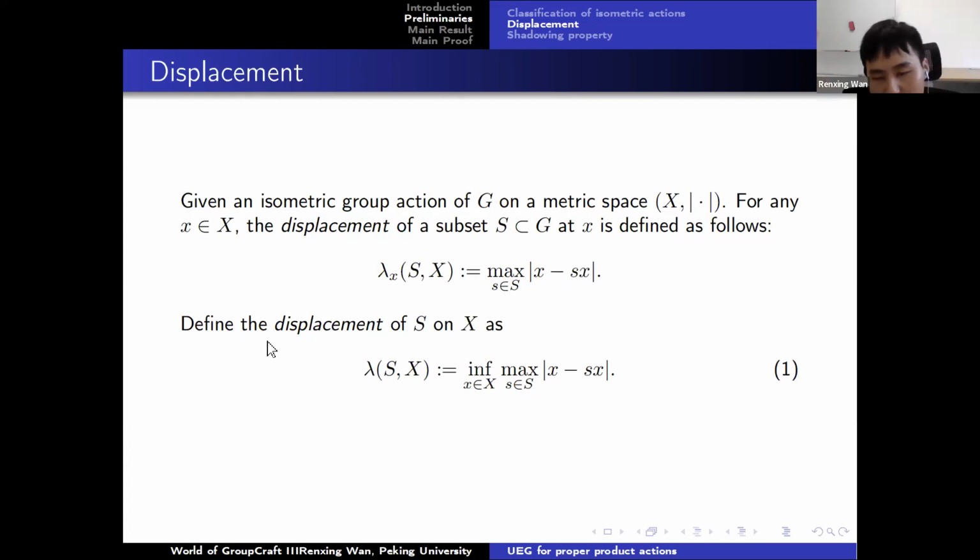And the displacement of the subset S on the whole space X is defined to be the infimum over all displacements of S at points x in X.